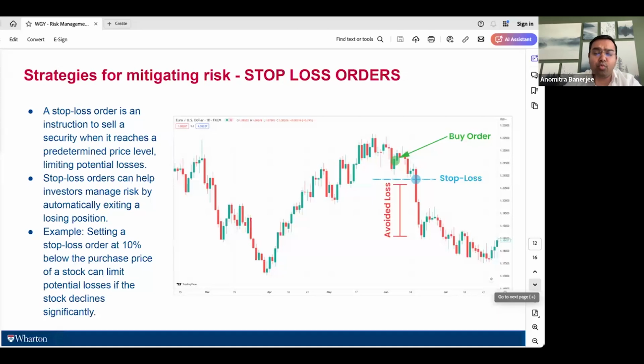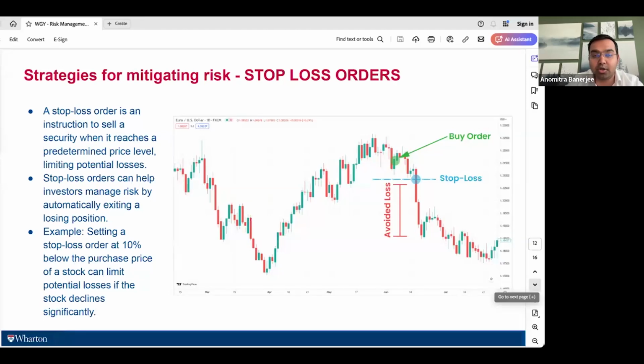So you have to understand what's your sweet spot and set a stop loss order at that point. For most people, that's around 10%, but it can be anything for you. For me, it's somewhere around 12%. So normally, if I'm buying a stock at $100, I put a stop loss order at $88.